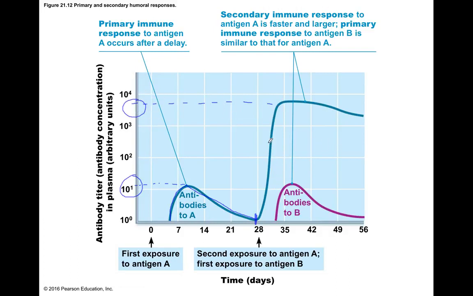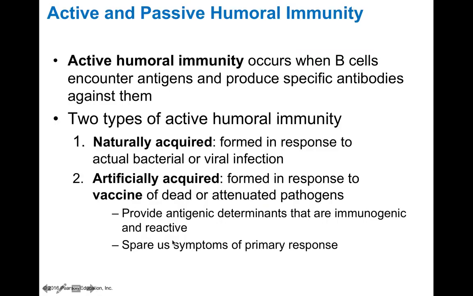So lots more antibody, and look at the time. This is the time, and again, a very much faster response versus a good distance, which is about 10 days to produce a recognizable amount of antibody. So these are extremely important because this is the way we protect ourselves against possible viruses and bacteria that can cause major problems with our body because we won't have enough time to create the primary immune response.